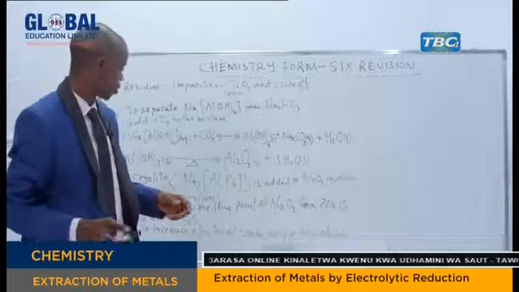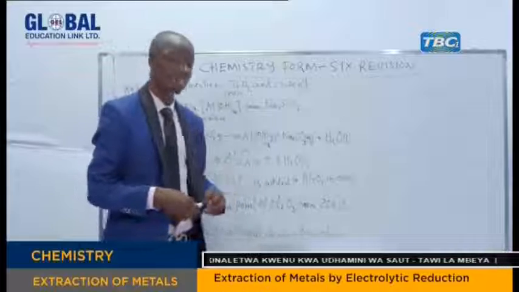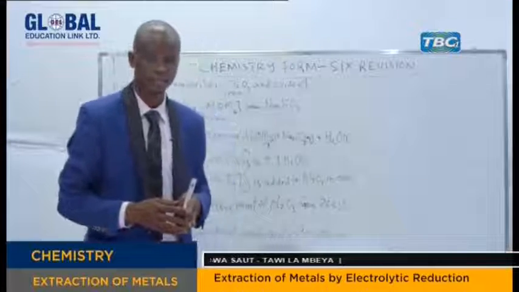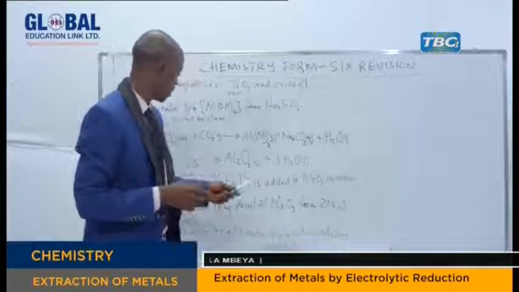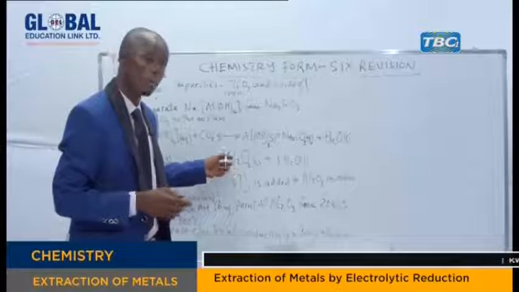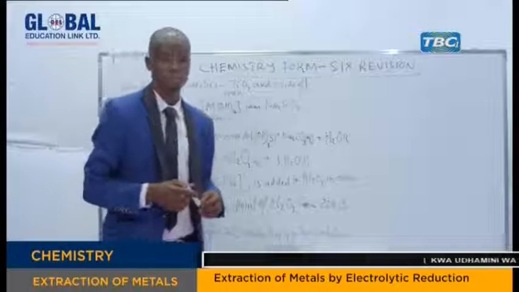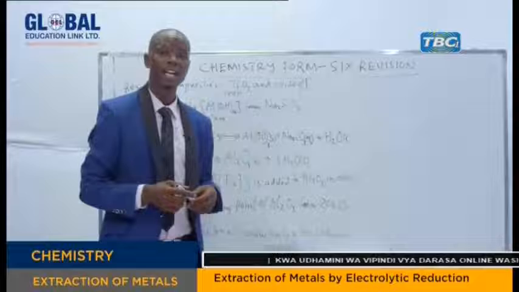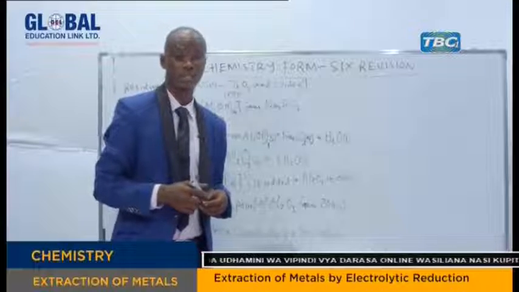I can ask you the question, why does aluminium oxide have the covalent tendency? It's because of the high polarizing power of the aluminium cation. This cation is highly polarized because of the high cationic charge.